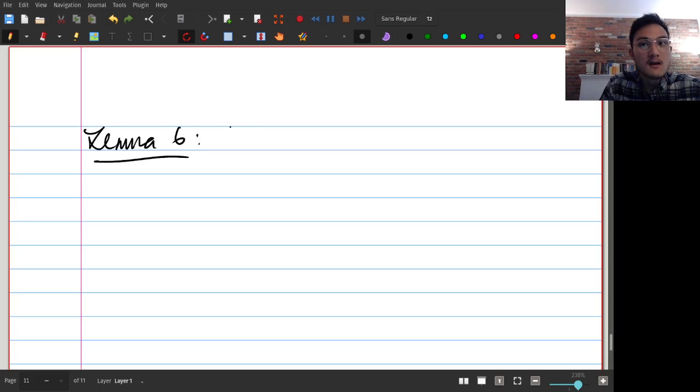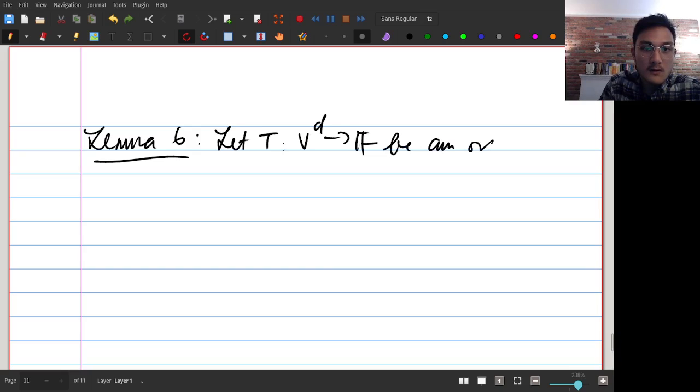That says that the analytic rank does not increase when you restrict to a subspace. Okay, so let T from V to the D to F be an order D tensor, and let U subset of V be a subspace.